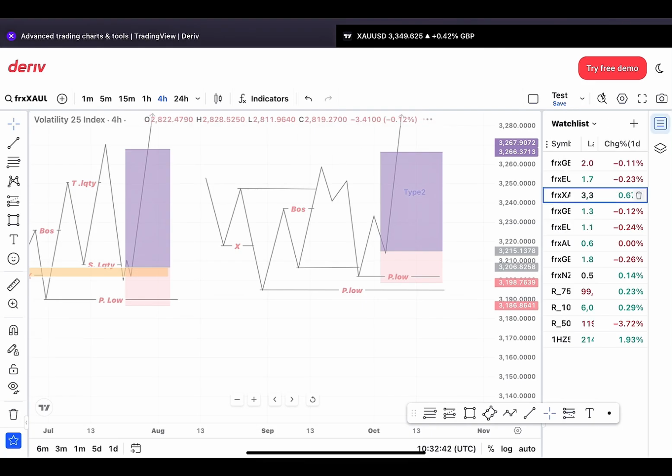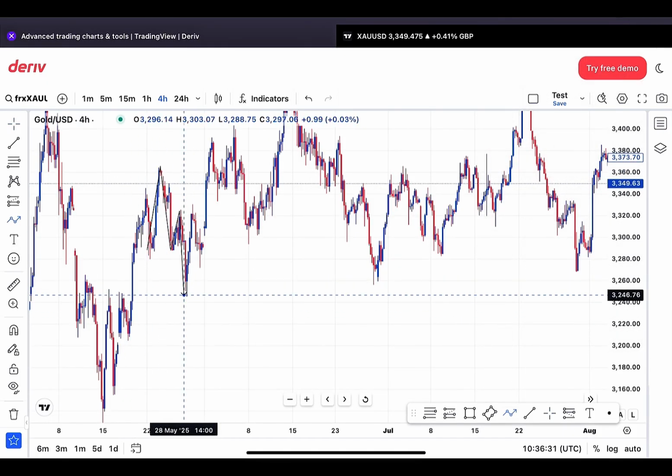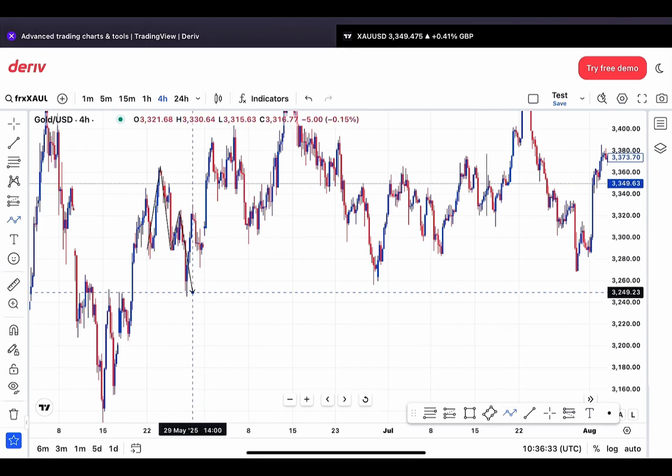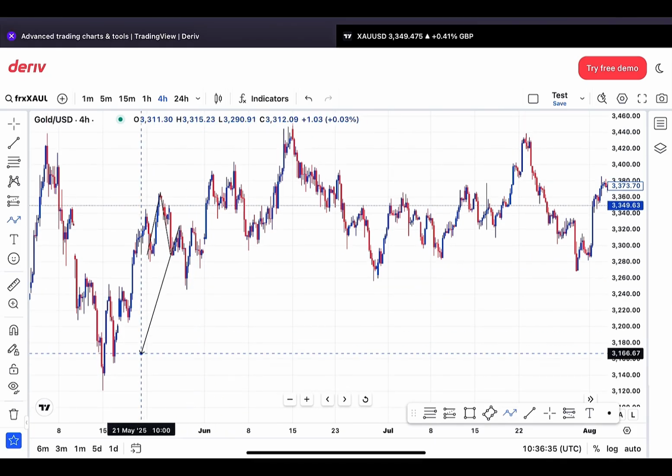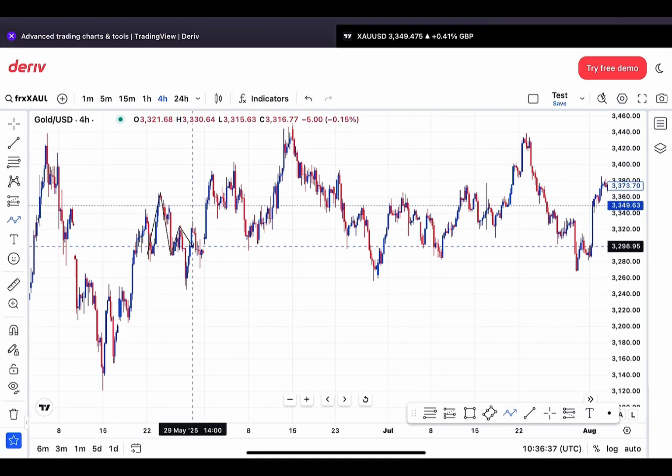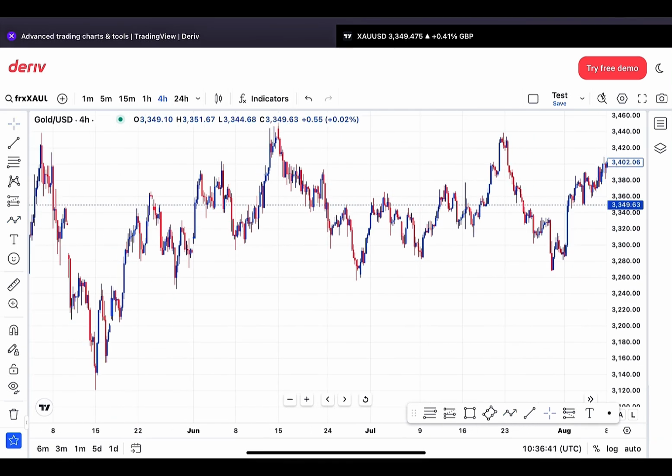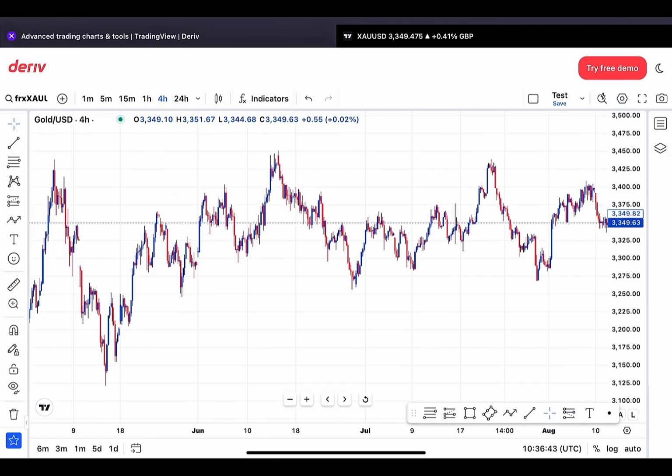So let's go to the chart. As you can see, we are on the ZAR USD chart. This is the 4-hour time frame, the higher time frame. The higher the time frame, the clearer the chart is.